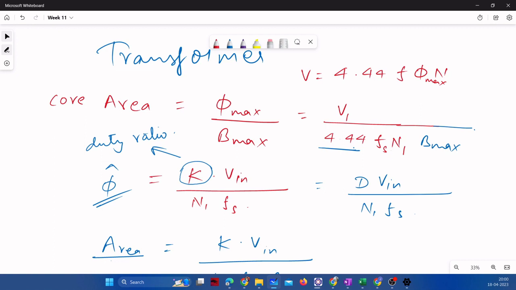If there are certain errors in this expression, please let me know. I will see, but I don't think it should be an error because 4.44 is straight away a constant, so it should be multiplication of 4.44 into B max, because B max anyway we are reducing.